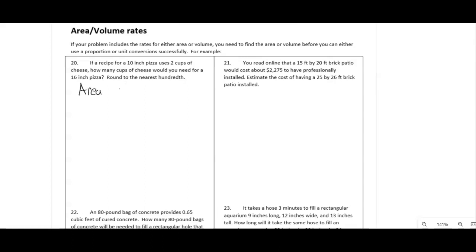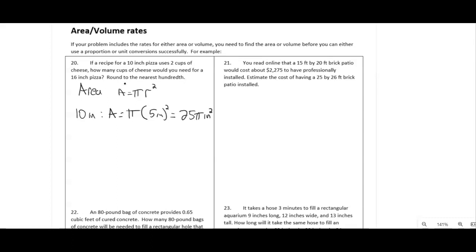The area for a circle is A equals pi r squared. Now for the 10-inch pizza, the area would be pi times the radius squared. The 10 is the diameter, it's 2 times the radius, so the radius would be 5 inches, squared. I'm just going to write this as 25 pi square inches.